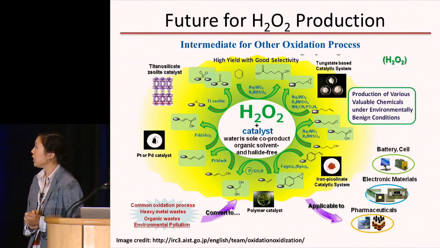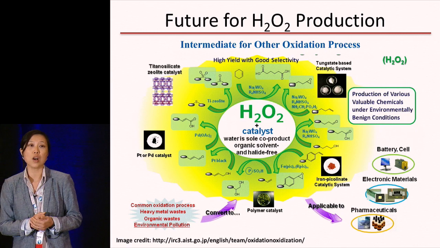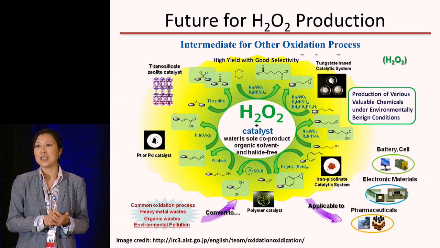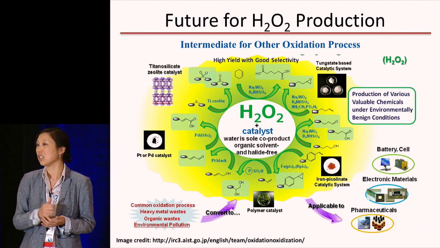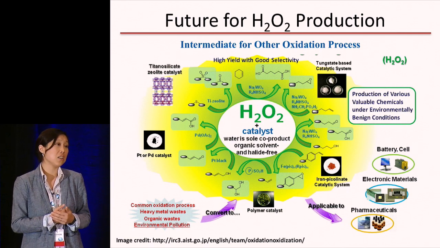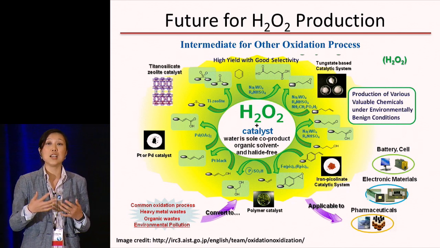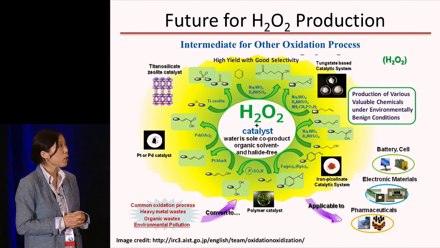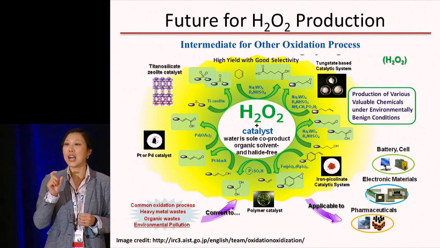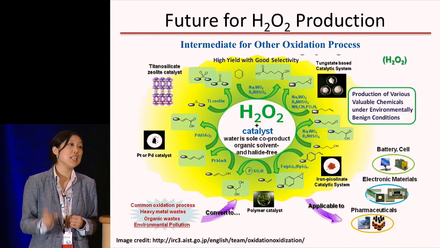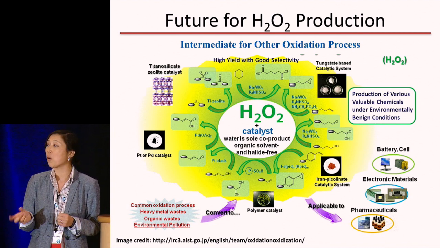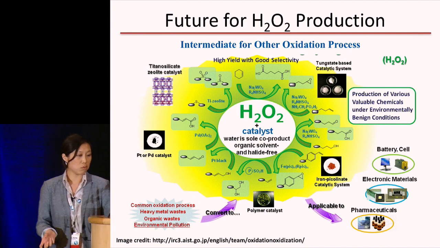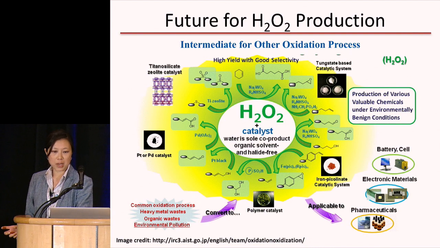Another possibility is that hydrogen peroxide is a strong oxidizer. You probably have the 3% at home for disinfection. It's a clean oxidizer that can be used for many additional chemical productions. So we can envision using hydrogen peroxide as an intermediate for other oxidation reactions and using solar to power those reactions. That's really exciting.